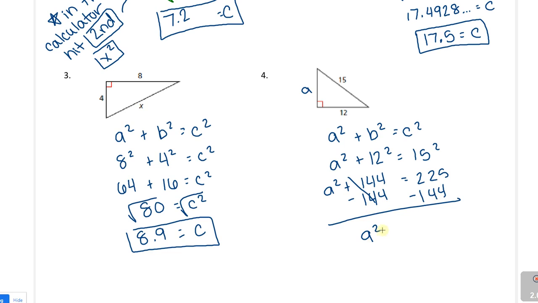So we have A squared equaling 225 minus 144, which gives us 81. Now we're going to take the square root to cancel out the square on both sides. So we get A to equal the square root of 81, which is 9. So that missing side length is equal to 9.